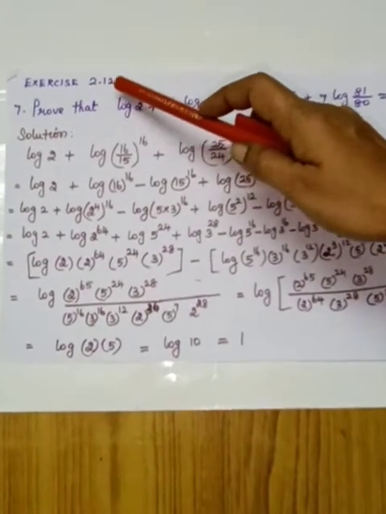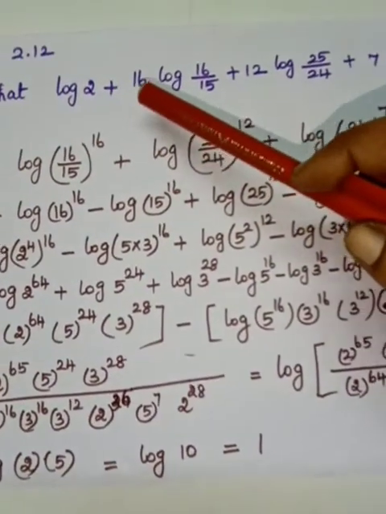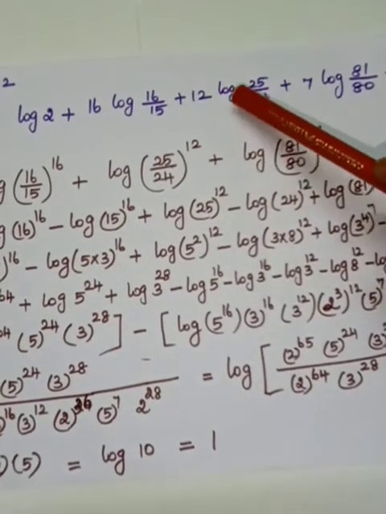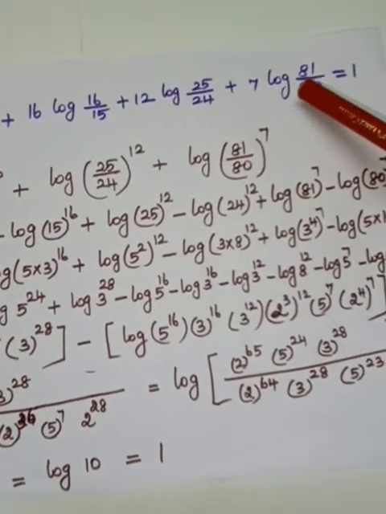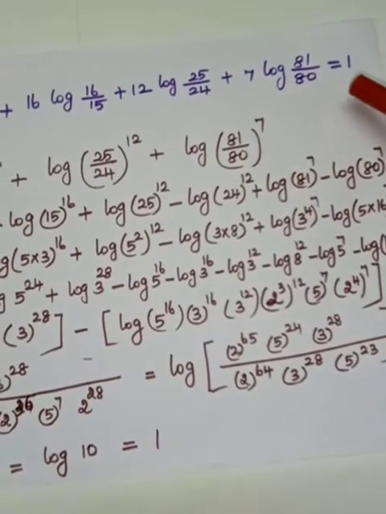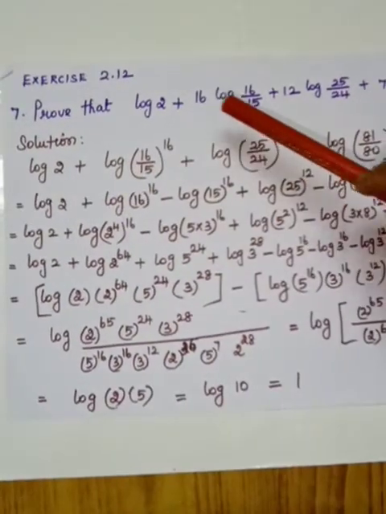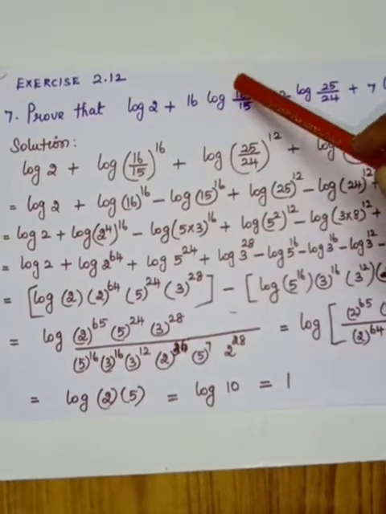Exercise 2.12, 7th problem. Prove that log 2 plus 16 log of 16 by 15 plus 12 into log of 25 by 24 plus 7 into log of 81 by 80 is equal to 1. Okay, so see now the first term. Using the power rule, the 16 will go to the power.